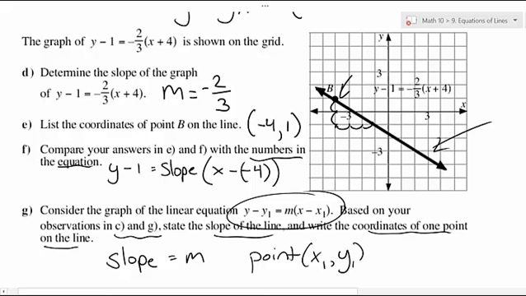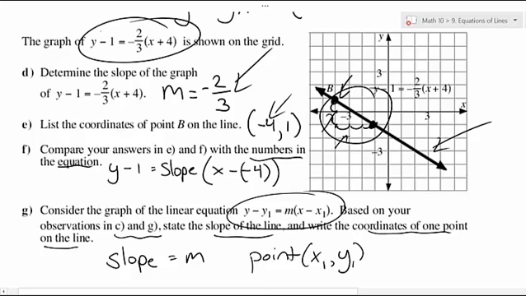So once again, we've found the slope. We've just calculated by going down 2 and over 3 to get from one point on a line to another point on a line. So it's -2/3. The coordinates of B are (-4, 1). And so when we compare our answers to this form, we can see that we have a y - 1. So the y is minus that 1 right there.